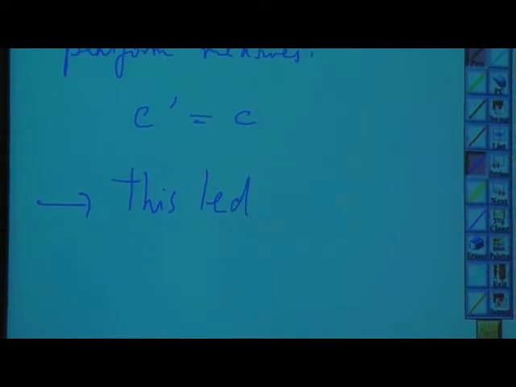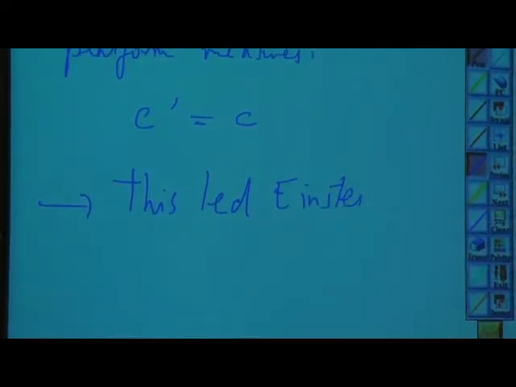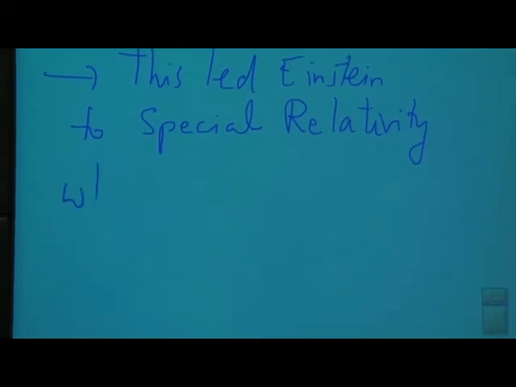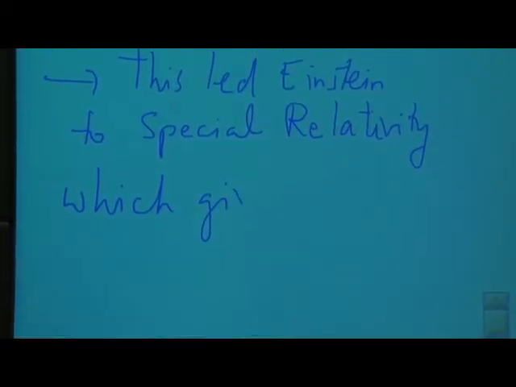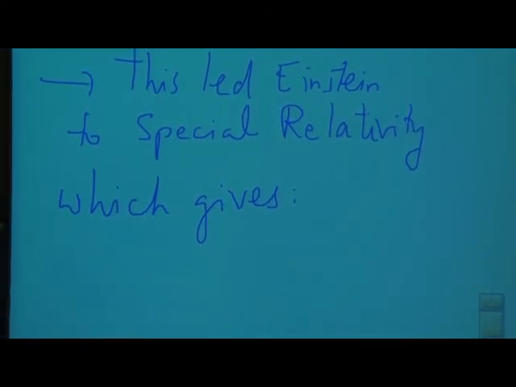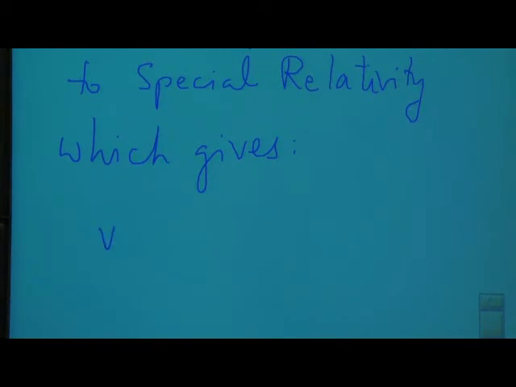This led Einstein to develop his special theory of relativity, which gives V equals V1 plus V2, just like the old formula.